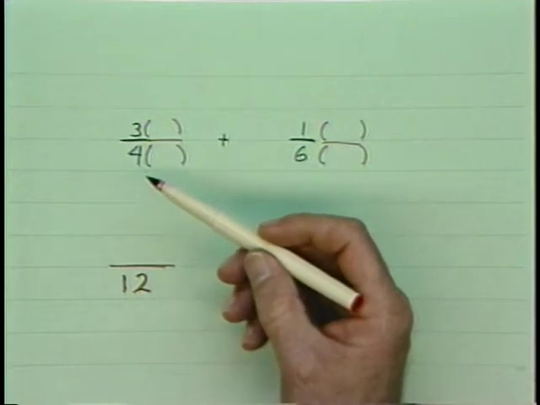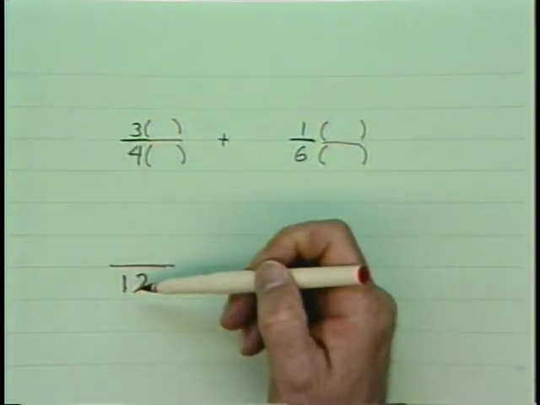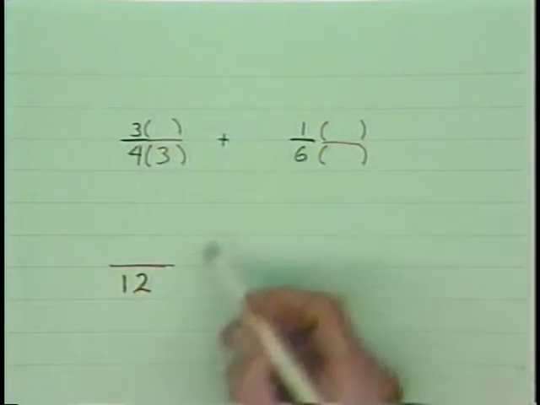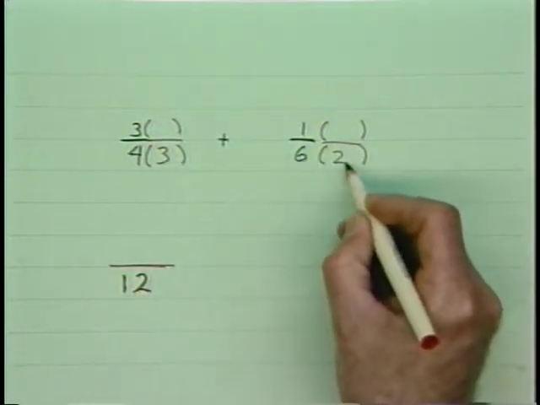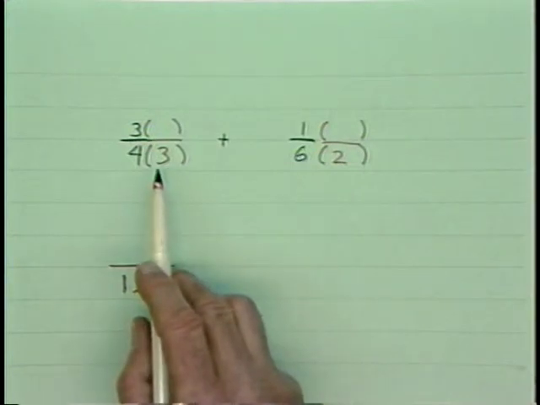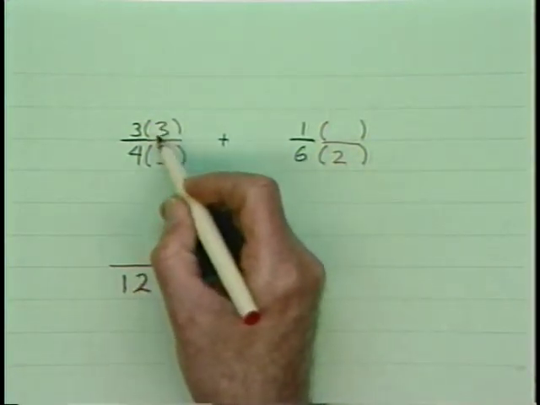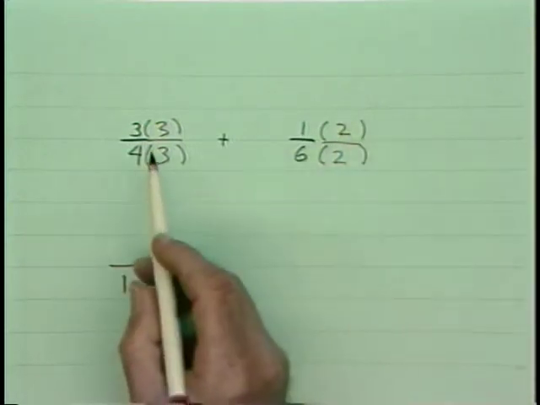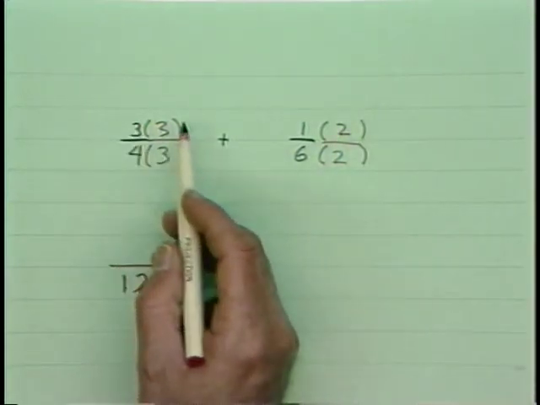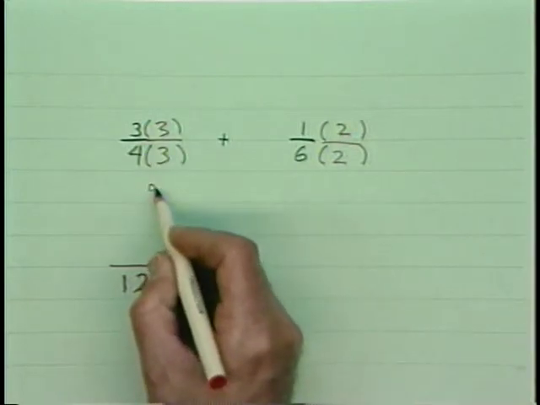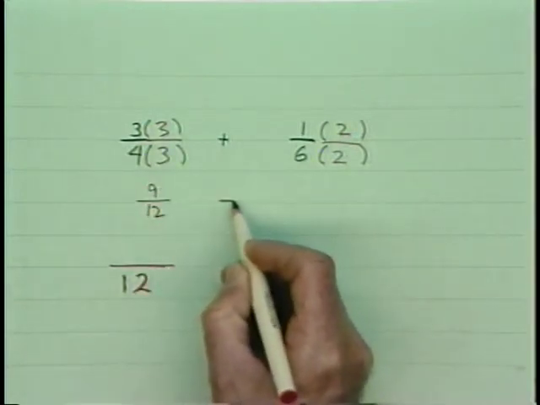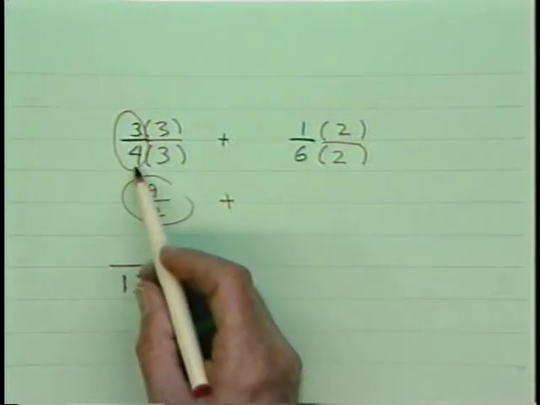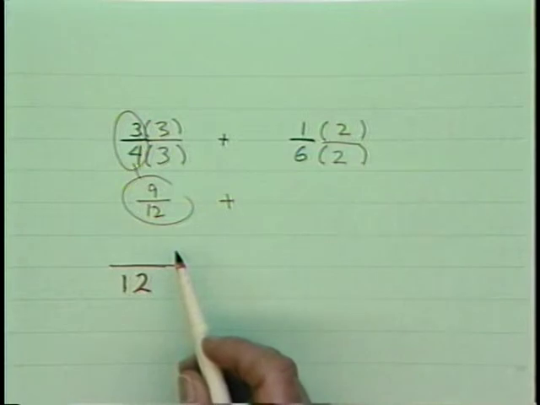Or in short, we ask, 4 goes into 12, how many times? 3. 6 goes into 12 twice. But to correctly fraction build, I must multiply top and bottom by the same amount in each case. Therefore, this fraction becomes 9/12, which is the same thing as 3/4, just expressed in different form.